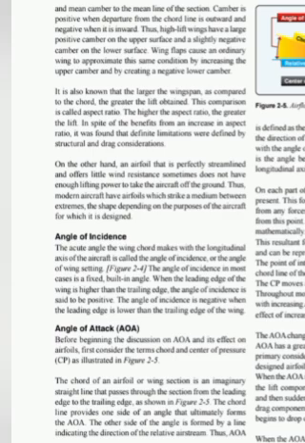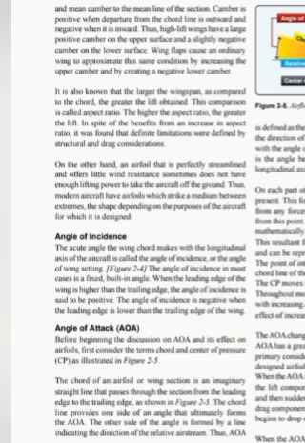Thus, high lift wings have a large positive camber on the upper surface and a slightly negative camber on the lower surface. Wing flaps cause an ordinary wing to approximate the same condition by increasing the upper camber and by creating a negative lower camber.